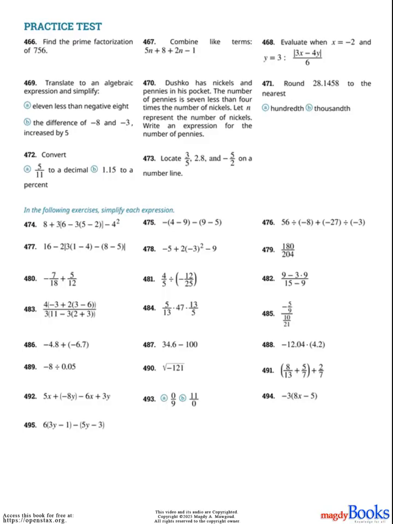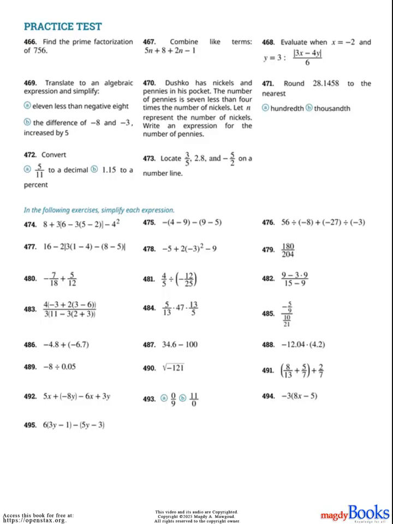Convert A. 5/11 to a decimal, B. 1.15 to a percent. 473. Locate 3/5, 2.8 and negative 5/2 on a number line.